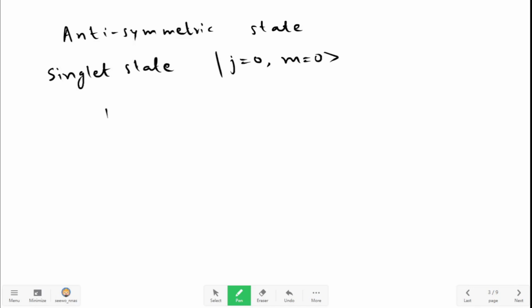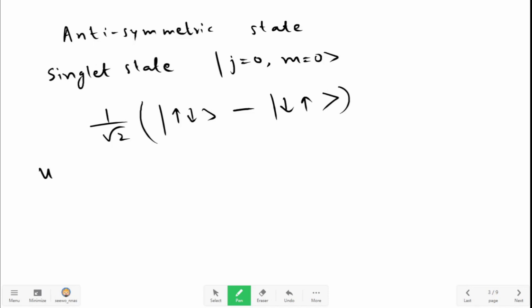In this case you have a state like this: 1 by root 2 (up, down minus down, up). Now if you exchange the particles, then under swapping you will get the new wave function.